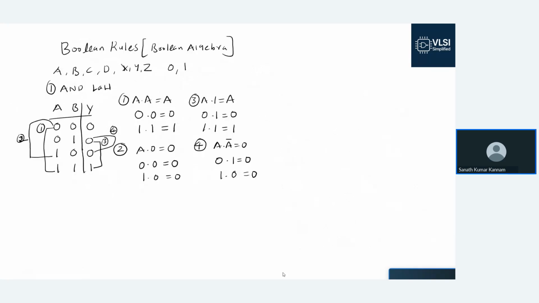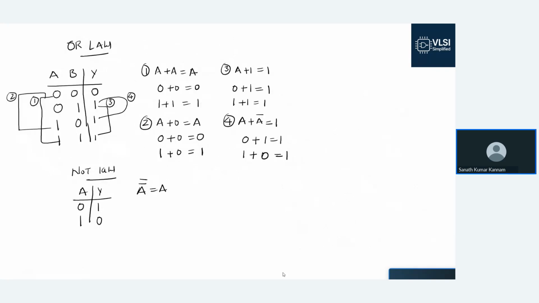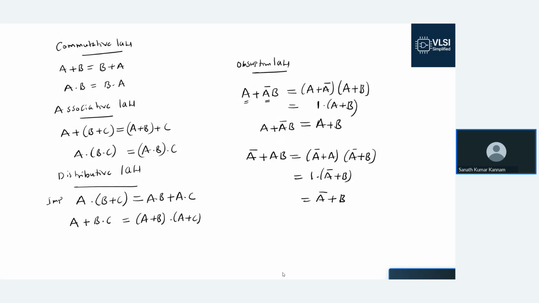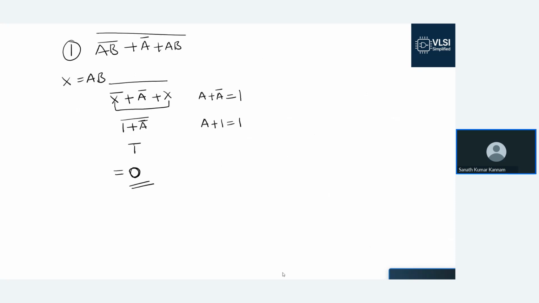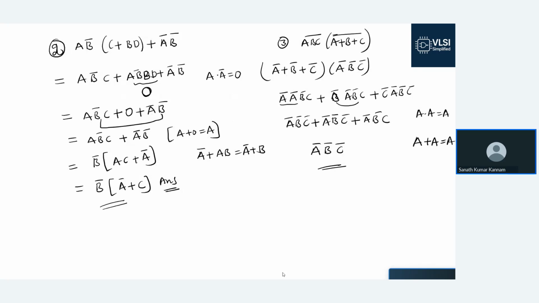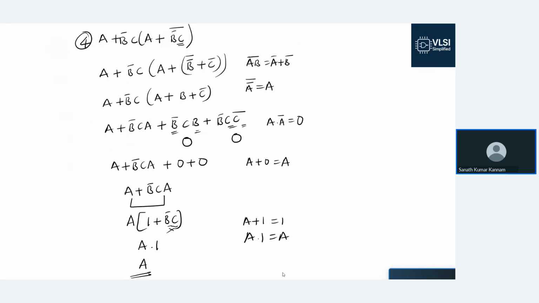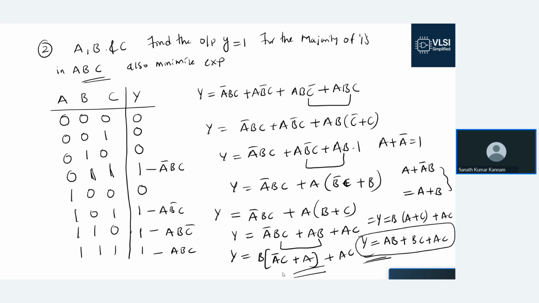First we saw the AND law, OR law, and commutative, associative, distributive, then absorption law and DeMorgan's law. Next we saw the consensus theorem and proved it. And next we saw some problems related to these Boolean laws. I hope you understand this lecture. Okay, thank you.